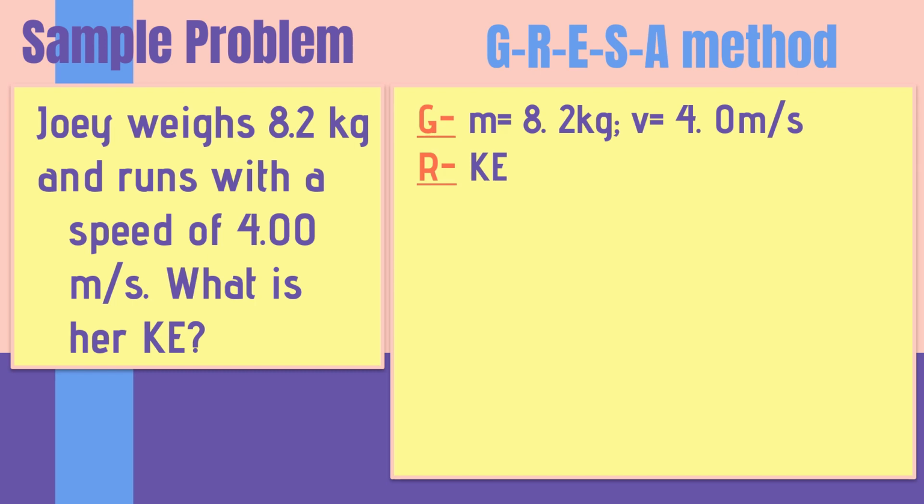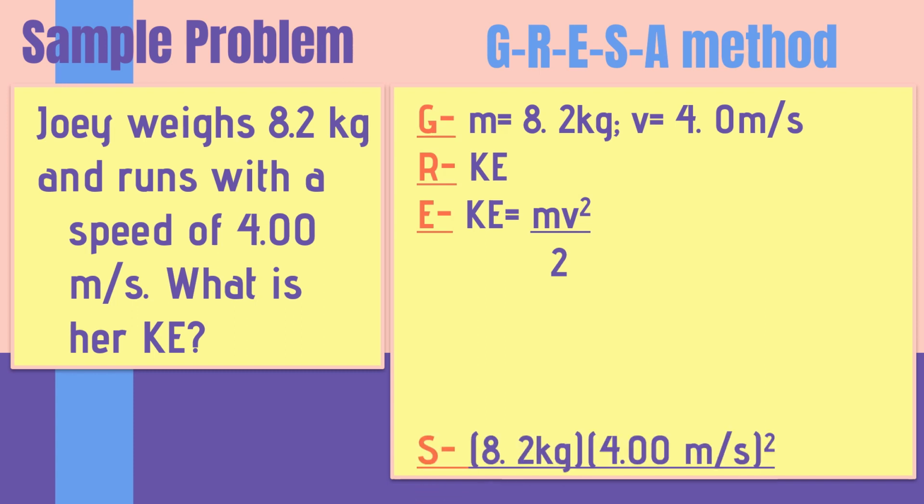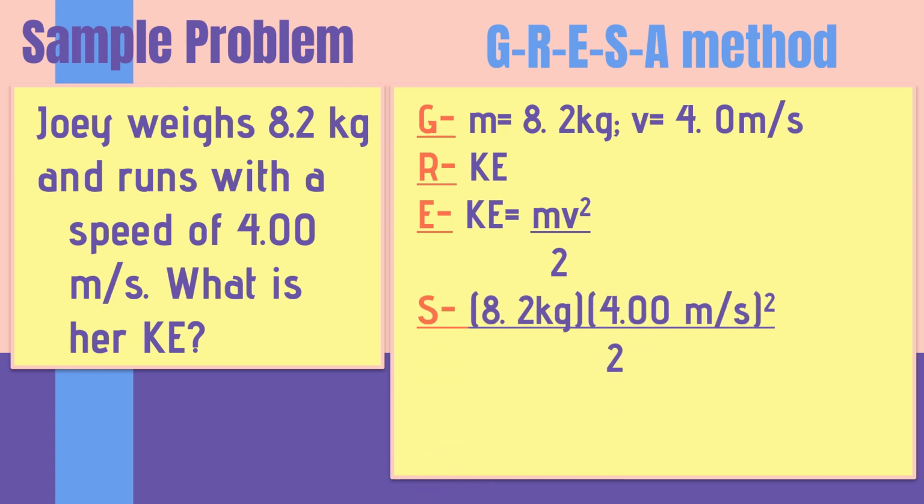While the equation that we're going to use for the kinetic energy is KE equals mv squared over 2. The solution is that we're just going to distribute the given into the equation, and so KE is equal to the mass of 8.2 kilograms multiplied by the velocity of 4.0 meters per second, which will be squared and divided by 2.